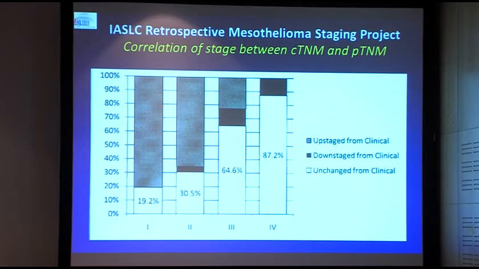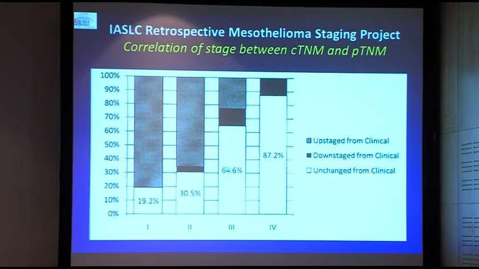This is interesting, and it shows how pathologic staging altered from clinical staging. Grey is upstage, so obviously the surgical findings suggested a more advanced stage than originally predicted, and this was particularly likely for stages 1 and 2. For those surgeons in the audience, you'll be familiar with that, I'm sure.